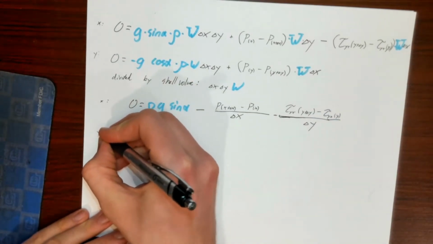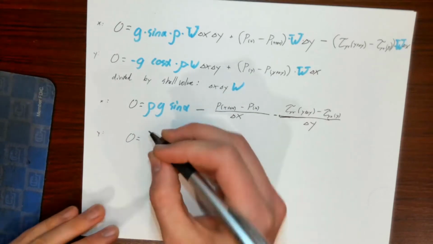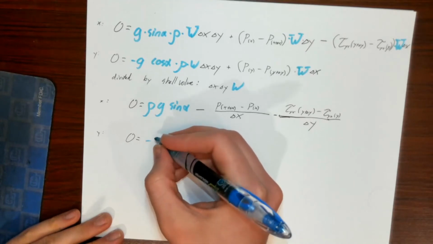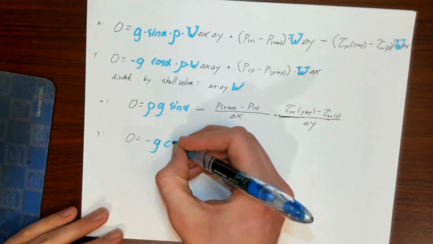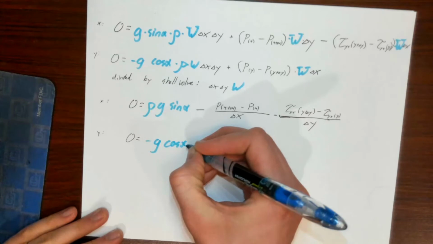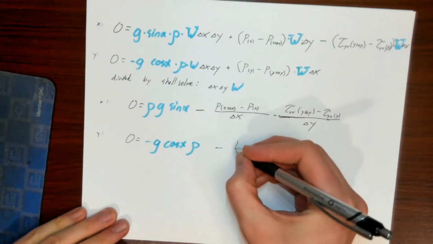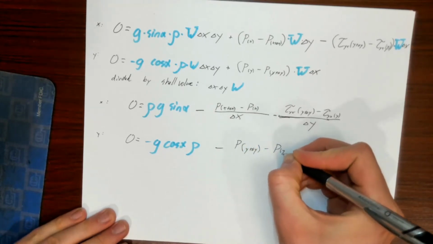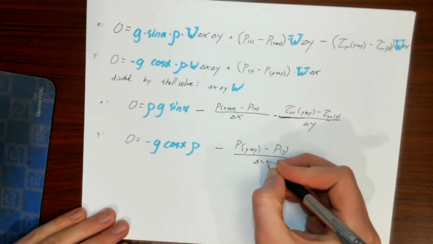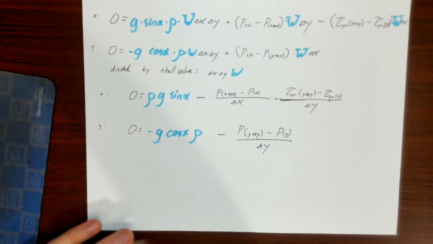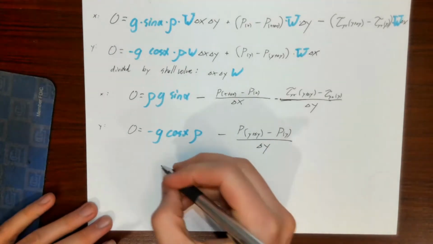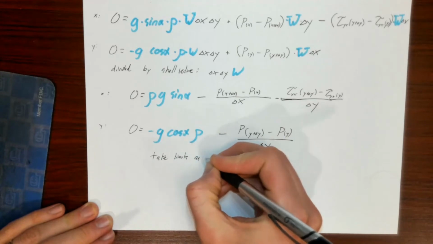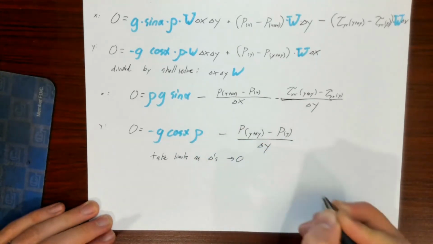And then for y, we get something even a little bit simpler. We get minus g cosine alpha rho minus p at y plus delta y minus p at y divided by delta y. All right, then we can take limits as the deltas go to 0.